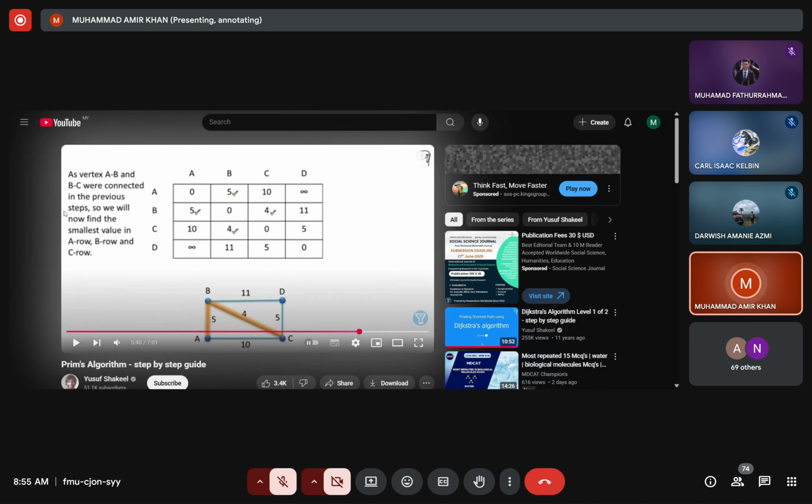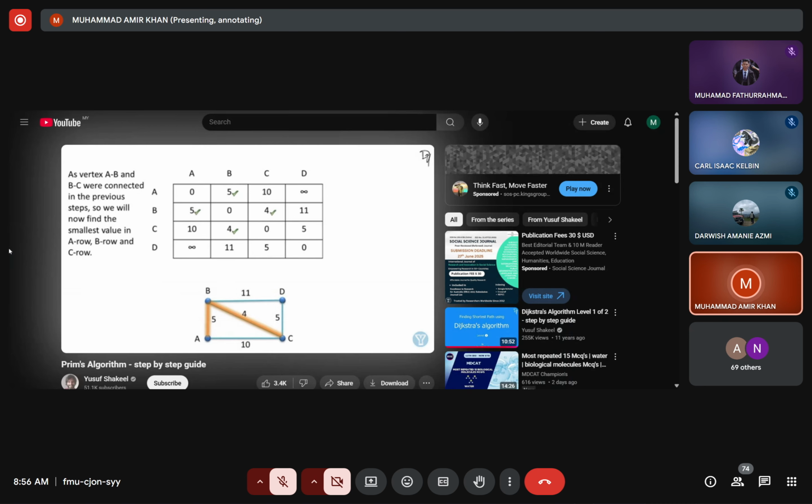As vertices AB and BC were connected in previous steps, we'll now find the smallest value in row A, row B, and row C. We'll see the smallest value in all three rows. Again, we'll not count 0.